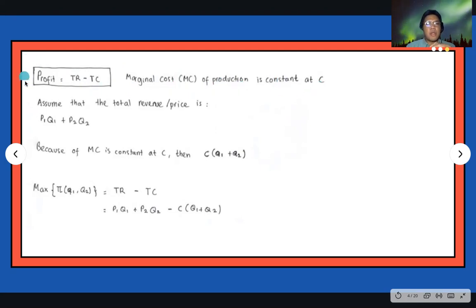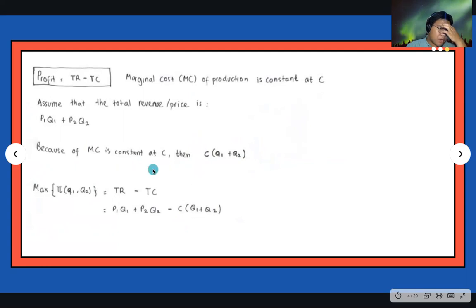After we know the fundamental concept, we can assume that total revenue is P1Q1, which is the formula of total revenue itself, plus P2Q2. Because the MC is constant at C, we have no further formula for the marginal cost, so we simply define total cost as C multiplied by Q1 plus Q2.